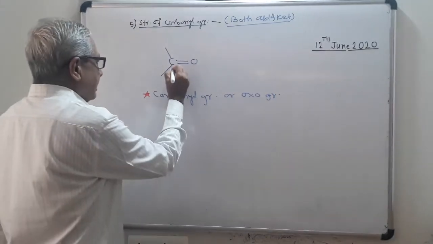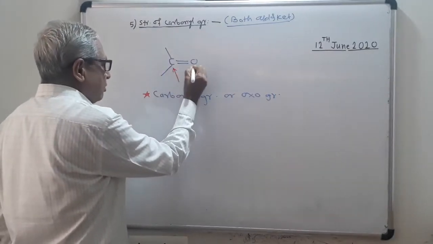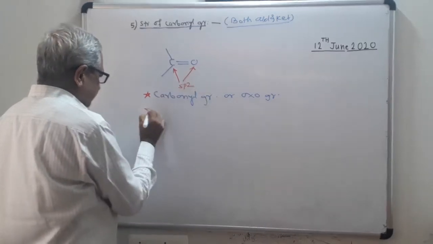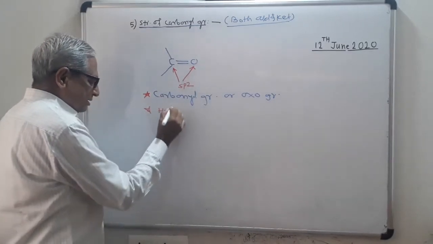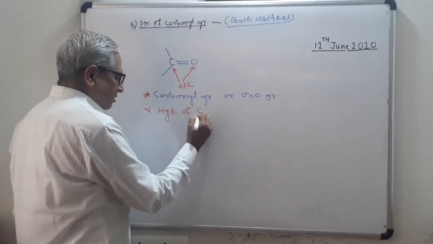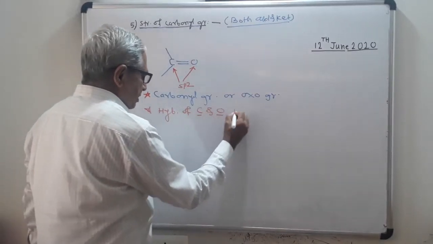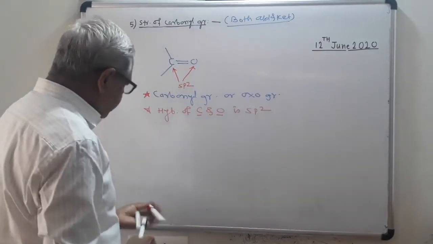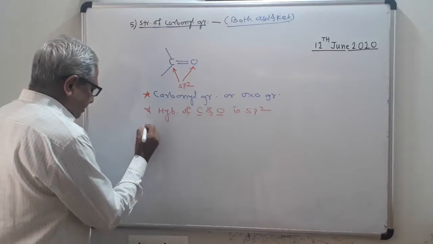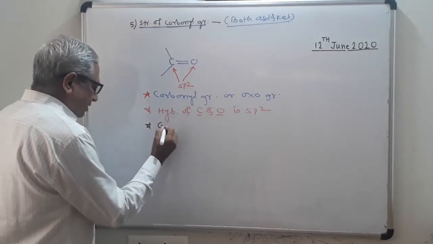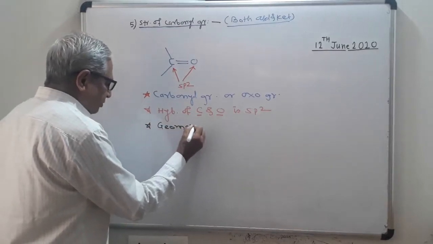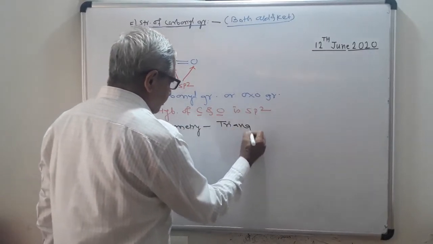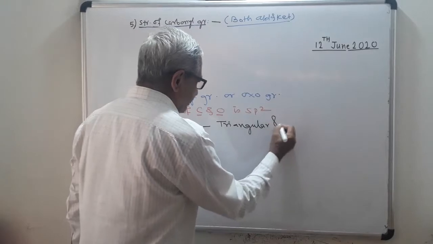Now see the hybridization of both carbon and oxygen is the same, that is sp2 hybridization. Therefore, the next point is the geometry of the carbonyl group, which is triangular and planar.